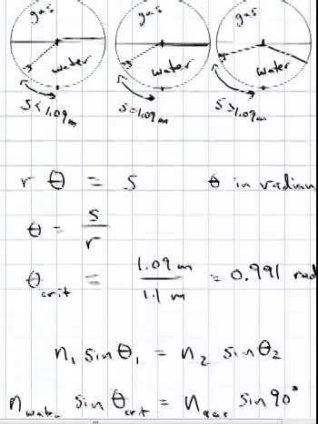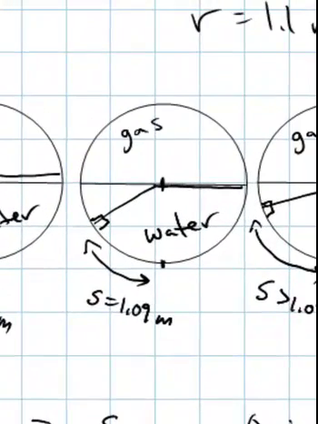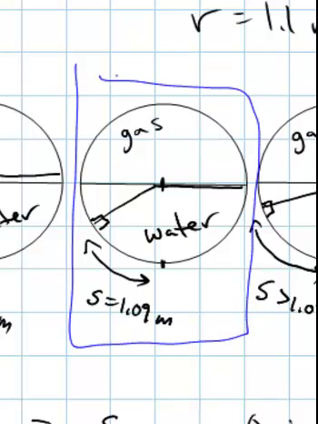Because what we're interested in is this situation right here. Here's our normal to the surface. This is theta critical, and that's 90 degrees on the other side.